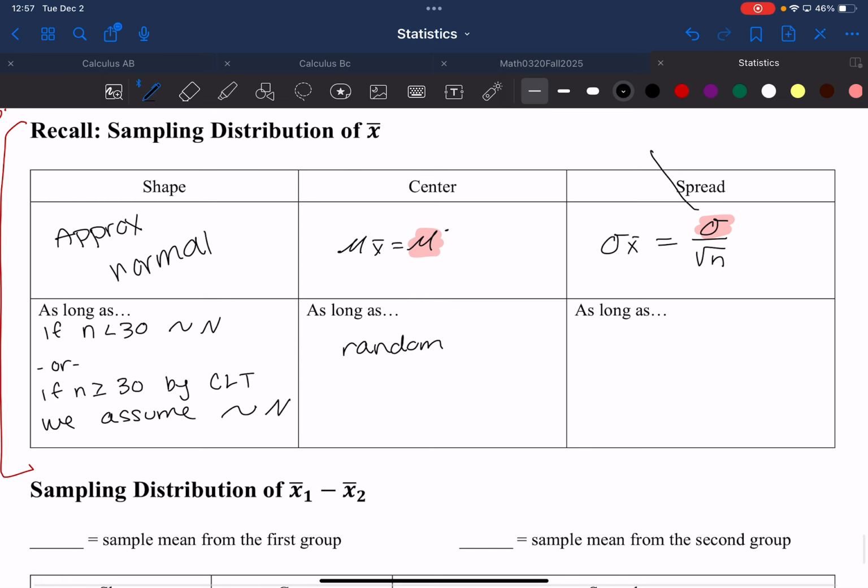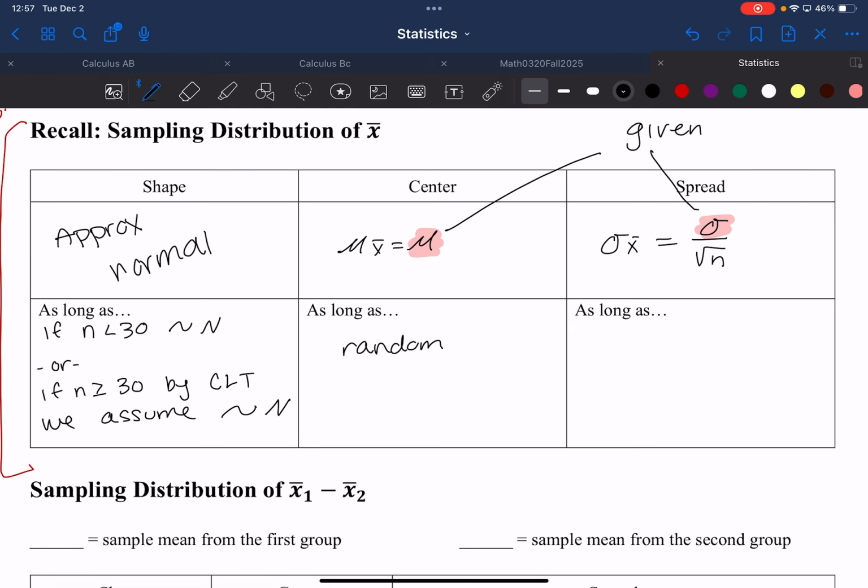Both of these are given. It's different than our estimators for our distribution, mu of x bar and sigma of x bar. These can change based on other conditions that we're putting towards our problem.